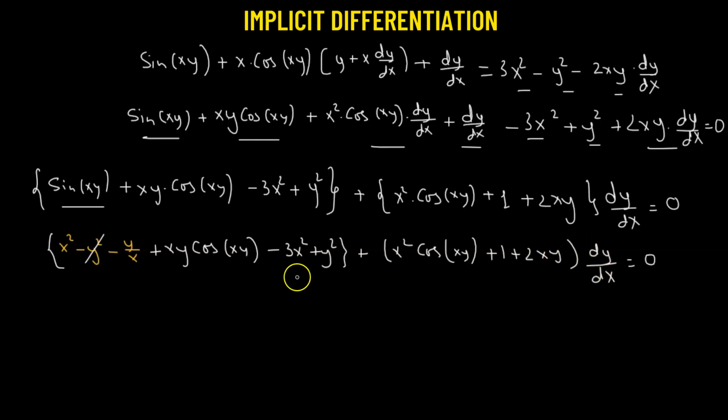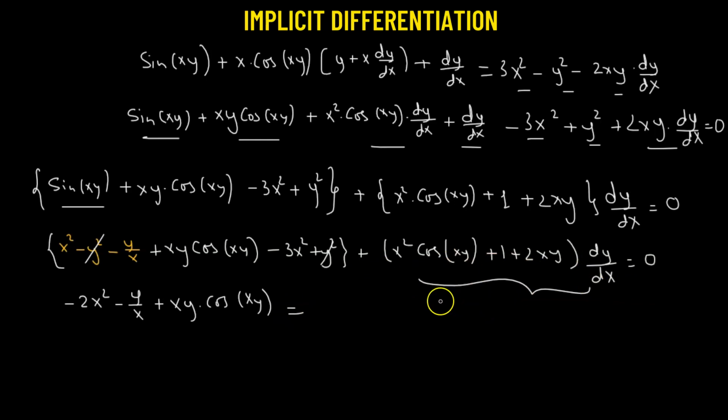So here negative y squared and positive y squared cancel out. x squared minus 3x squared, so that will be negative 2x squared minus y over x plus xy times cosine of xy. This will be equal to, so we will take this entire term to the right hand side.